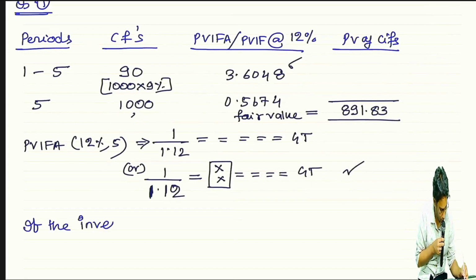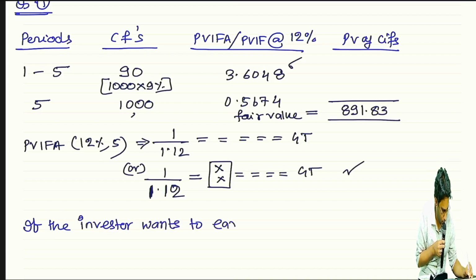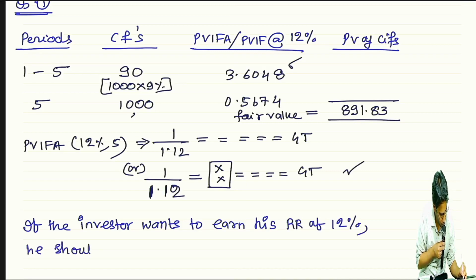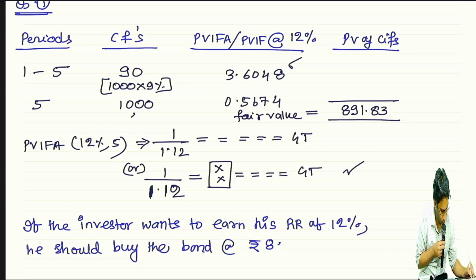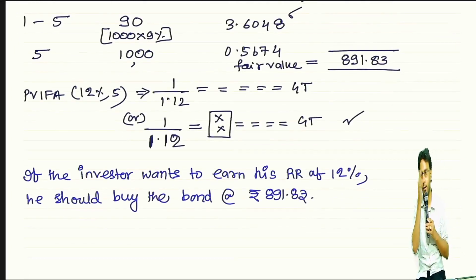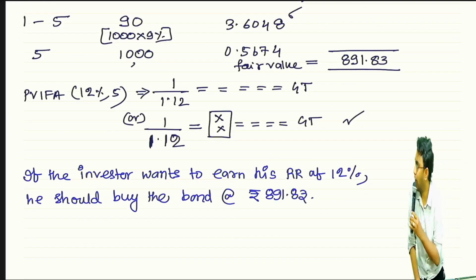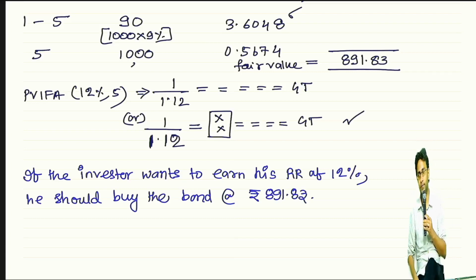If the investor wants to earn his RR of 12%, he should buy the bond at rupees 891.83. We should buy the bond at rupees 891.83.